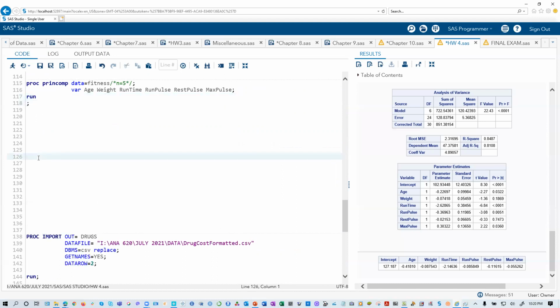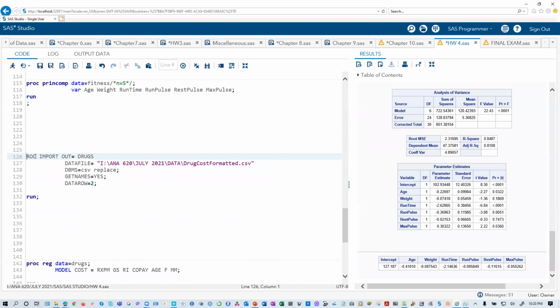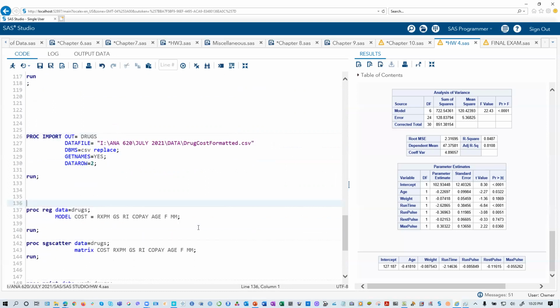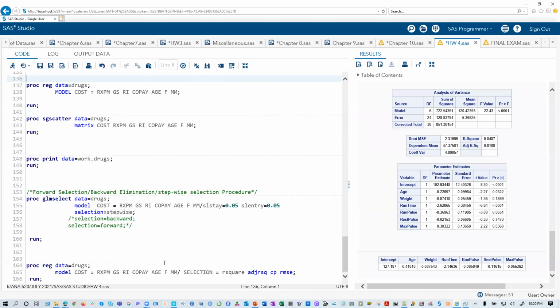And the part 2 that you have a drug data and then regression, regular regression, scatter plot, drugs, and then use not only this one, use all the procedures and come up with the best model at the end of the day. Use all of them, not only these 2.